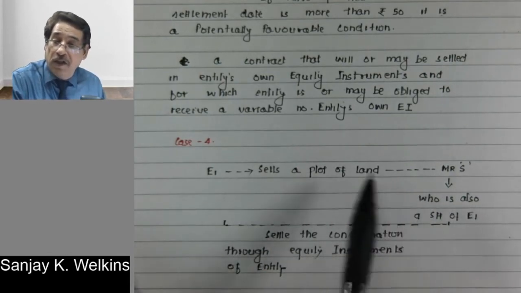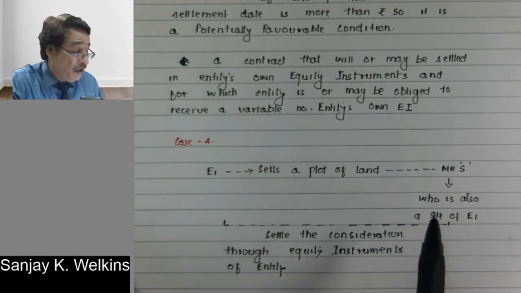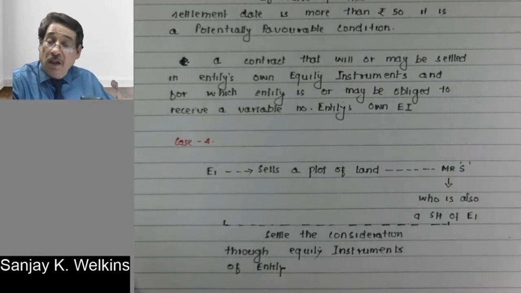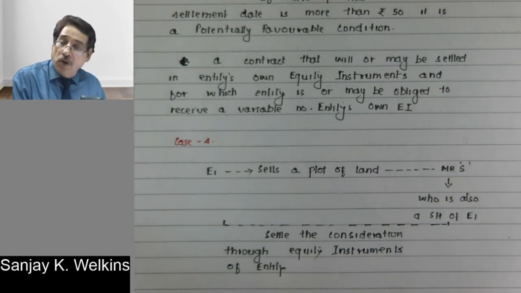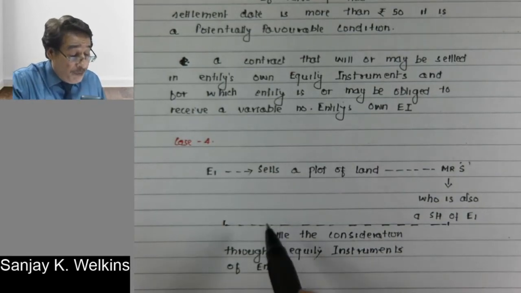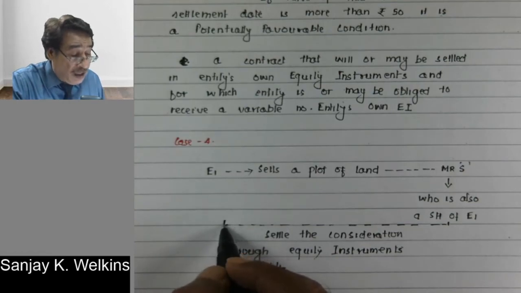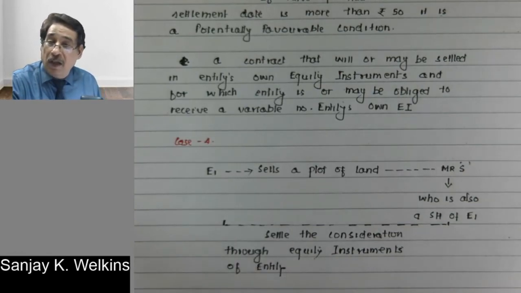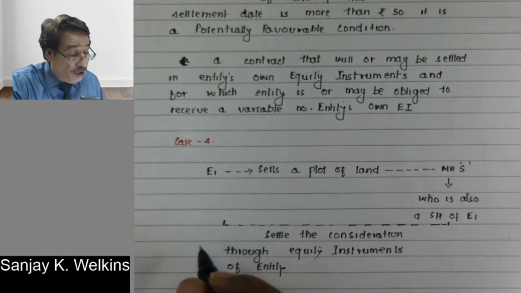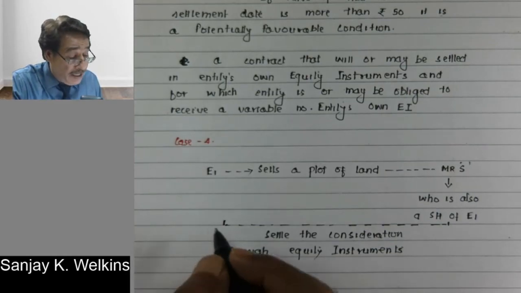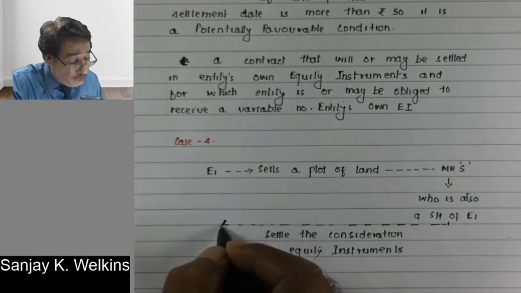So this shareholder is having shares of this particular entity, and he tells this entity that, well, I'm going to settle the consideration by way of shares which you have issued to me. Because it is a contract, the entity is obliged here. The entity cannot say no, we will not accept it. The entity is obliged here to receive these equity shares.